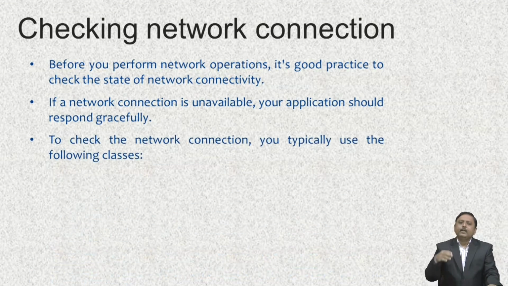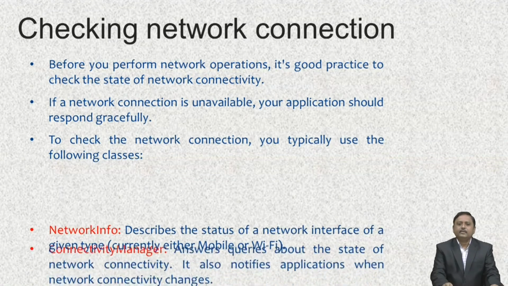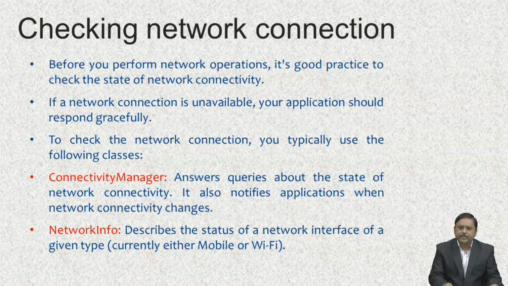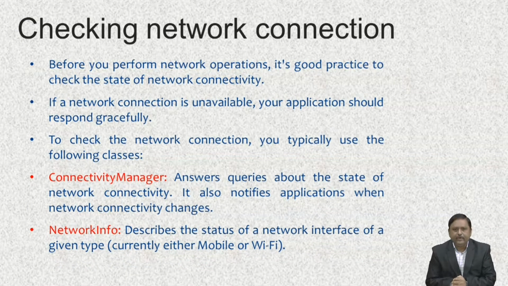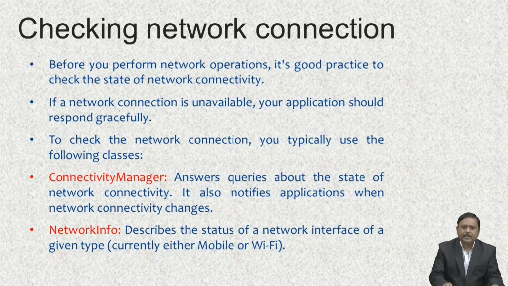Then, to check the network connection, you typically use the class ConnectivityManager, which answers queries about the state of network connectivity, and it also notifies the application when network connectivity changes, whether it is available, unavailable, or something else.